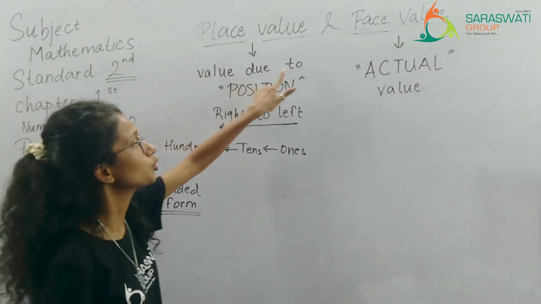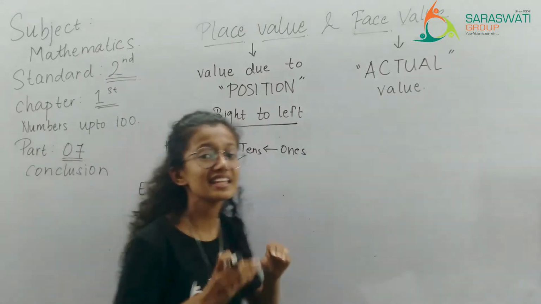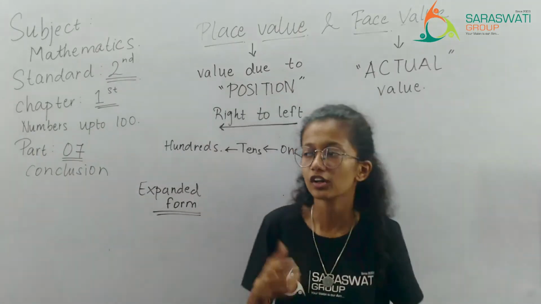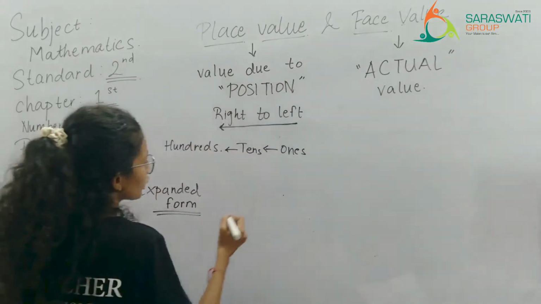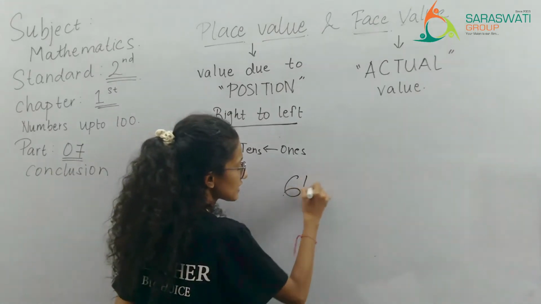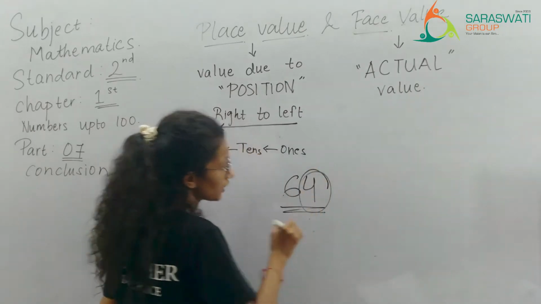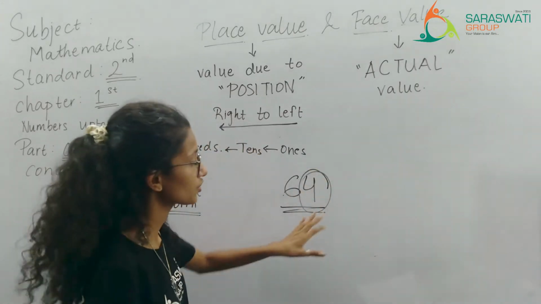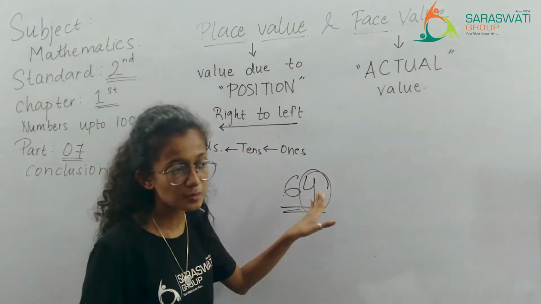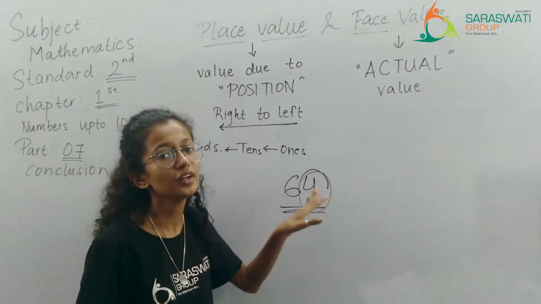Value due to position. If I talk about any number, for example 64, then the value of 4 is not because of what 4 is. It's because of where 4 is.